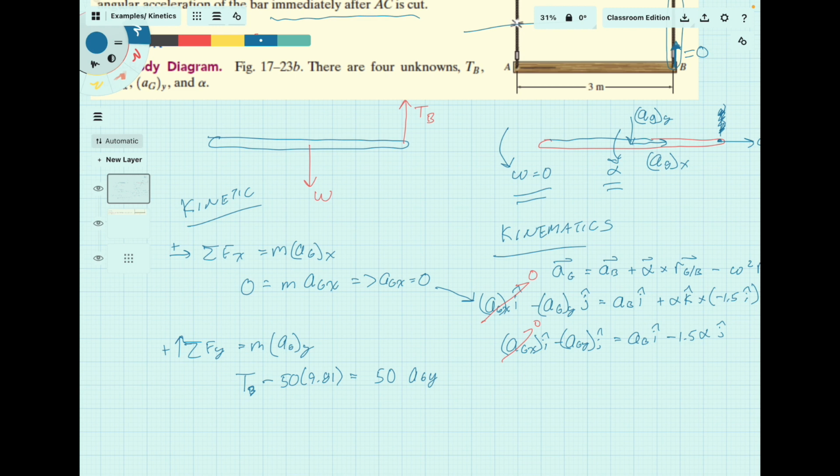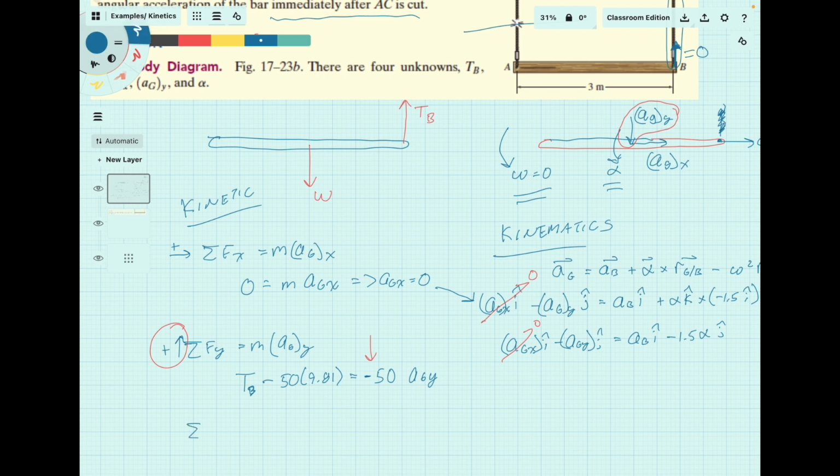And that's actually going to be a minus there. The reason for that is I want to match my diagrams as I write out my equation. So I drew AGy to be downward positive, but my coordinate system says that upward is positive. So that generates that negative sign right there.